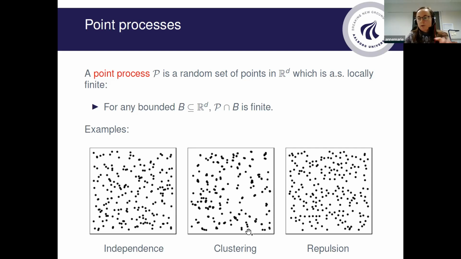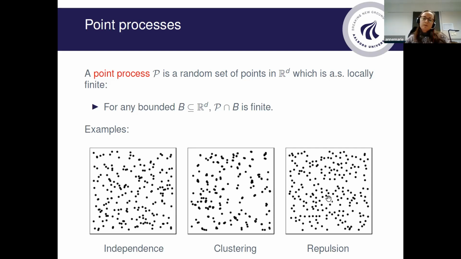So whenever you have a point, there tend to be more points around it. So this is a typical model in, for instance, plant ecology, where the points could mark where a certain plant is growing. And since it tends to spread its seed around it, the plant will grow in clusters. So that could be a model for that.